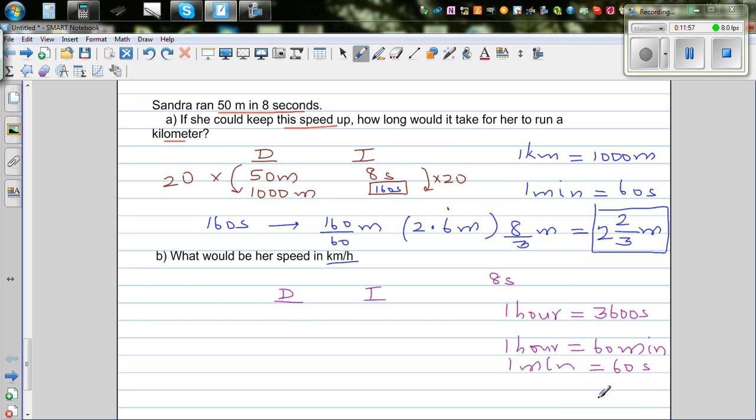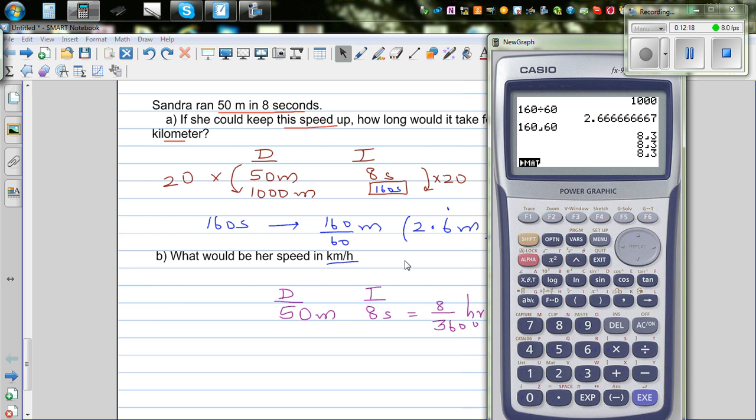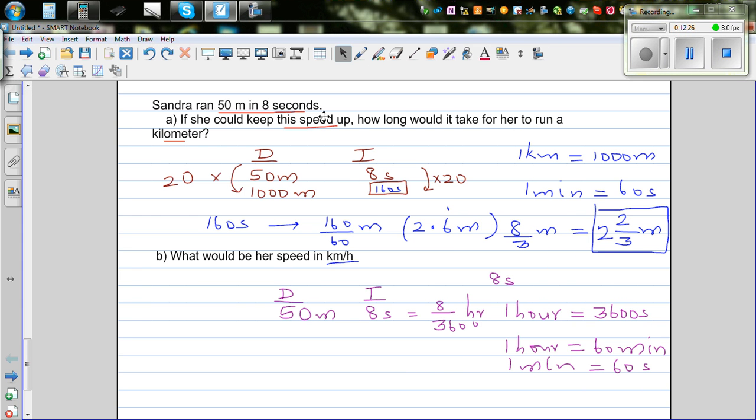So we can say 50 meters in 8 seconds, which is 8 out of 3,600 hours. 8 divided by 3,600 is a very small number, so let's leave it like this.